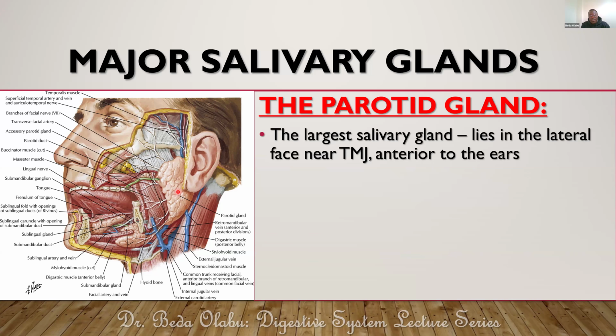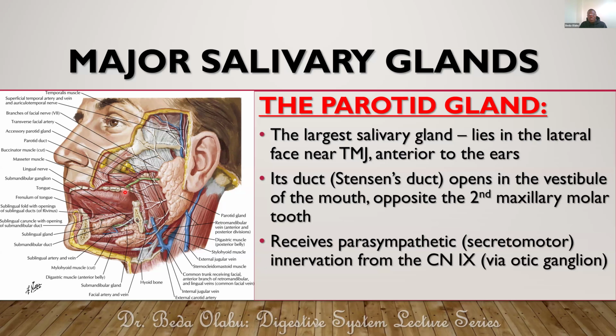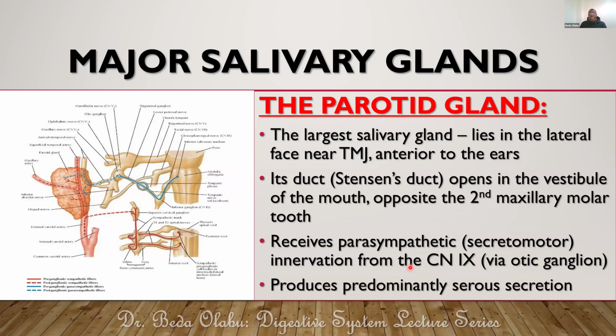It's the largest gland. The duct of the parotid gland traverses multiple structures and opens opposite the second maxillary molar teeth. Remember, in terms of innervation, parotid gland receives its secretomotor innervation from the glossopharyngeal nerve, which is the 9th cranial nerve. The postganglionic fibers arise from the otic ganglion. The secretion that comes from parotid is predominantly serous secretion.